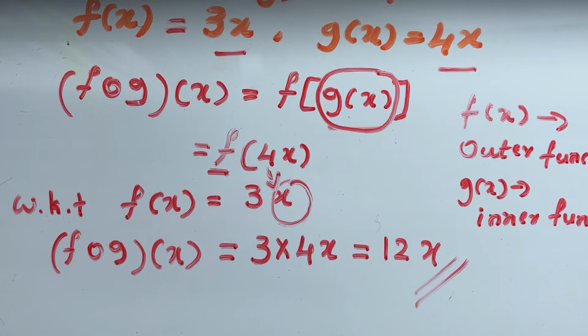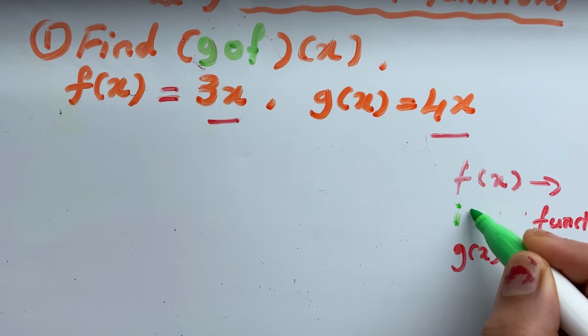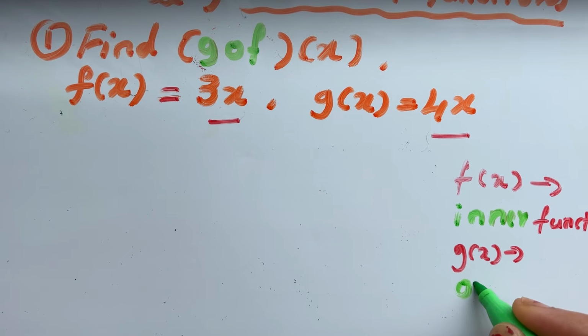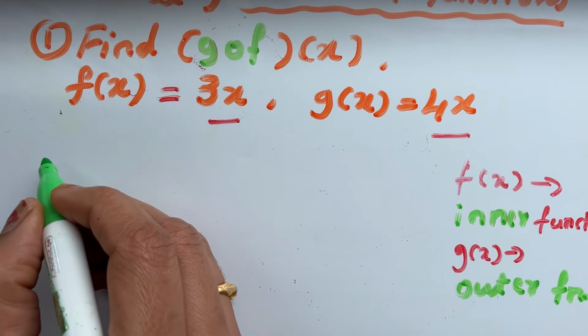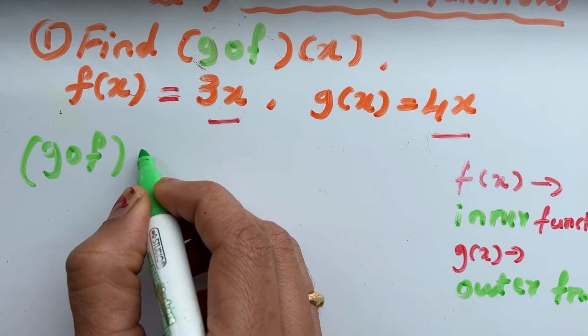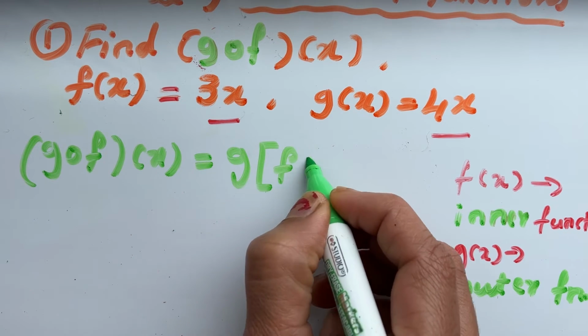You can also find g composition f of x. In the same way, let's find g composition f of x. Here the inner function is f of x and g of x is the outer function. Let's rewrite g composition f of x as g of f of x.